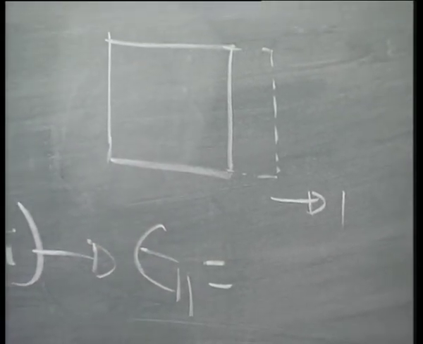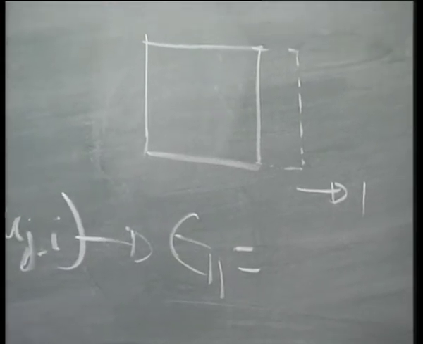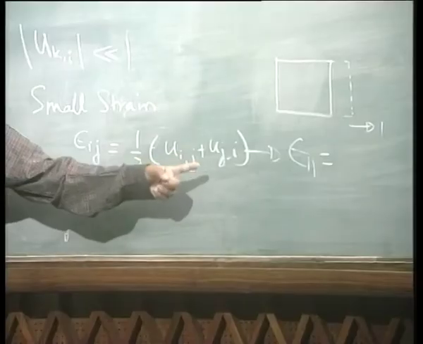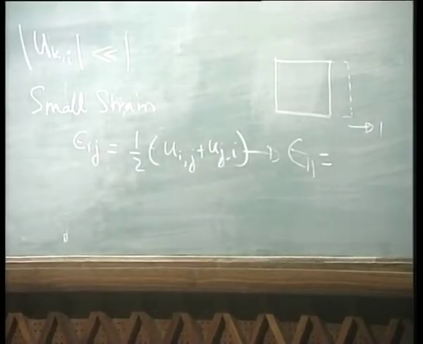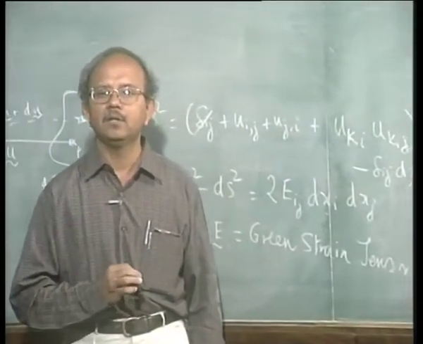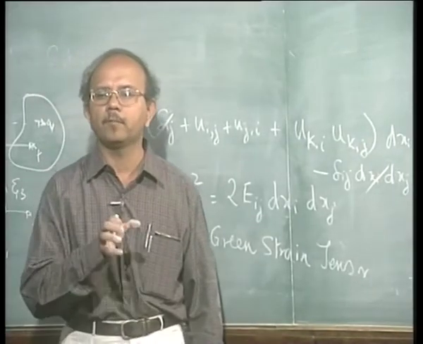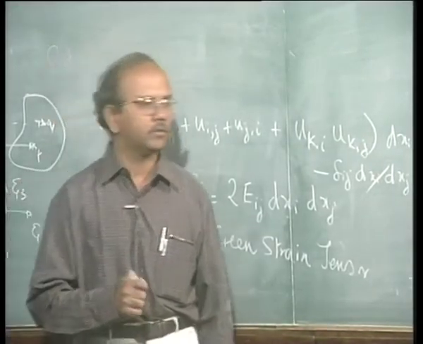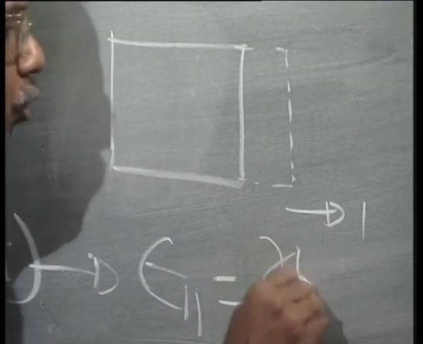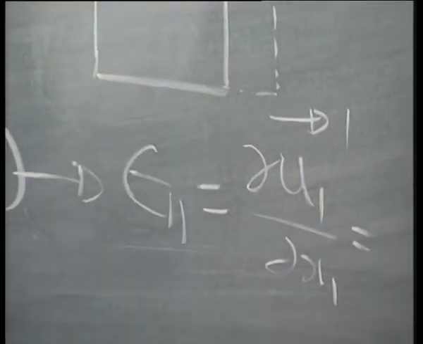What is epsilon 1 1 in this? Look at that, half of u1 comma 1 plus u1 comma 1, that means u1 comma 1, that is dou u1 by dou x1, which is approximately, from my deltas, delta u1 by delta x1, and this being a very infinitesimal thing.